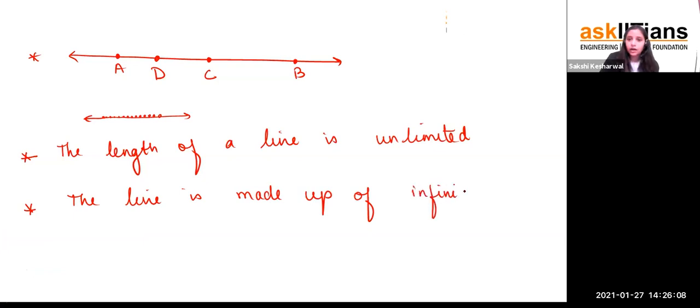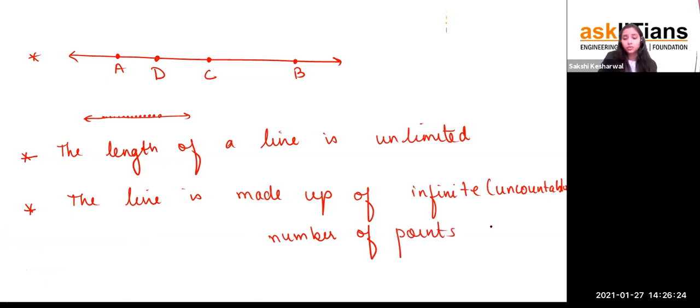Infinite means what? Uncountable, right? So these are the simple terminologies that you will be learning this year, right? Uncountable number of points, right? I think so is good to go.